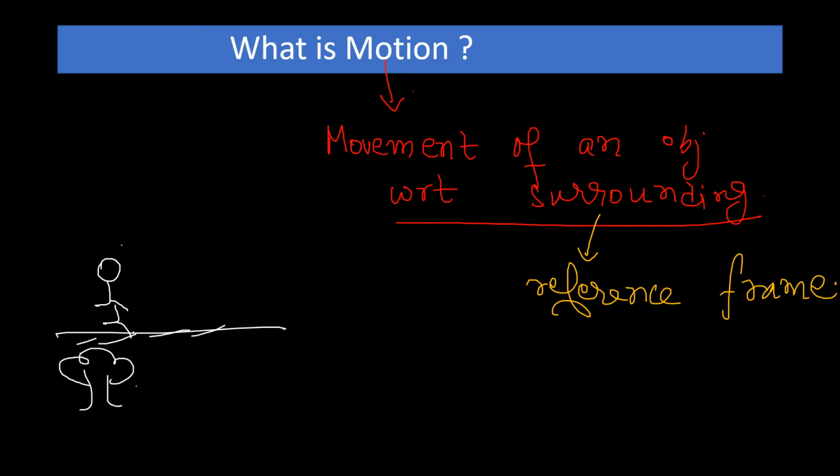Now when this boy starts moving, let's say after some time the boy reaches position B. So here the boy has changed his position, but with respect to the tree only, the boy has changed the position. So it is now very clear that involving the use of the reference frame or the surrounding is very much crucial to describe the motion.